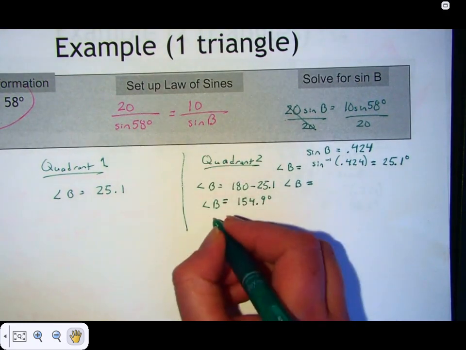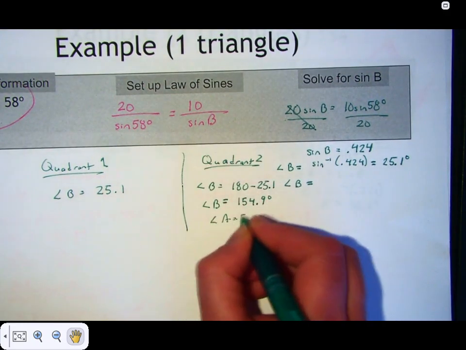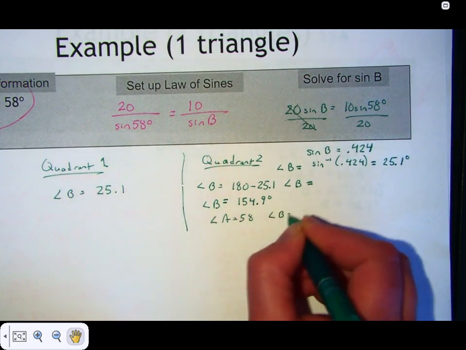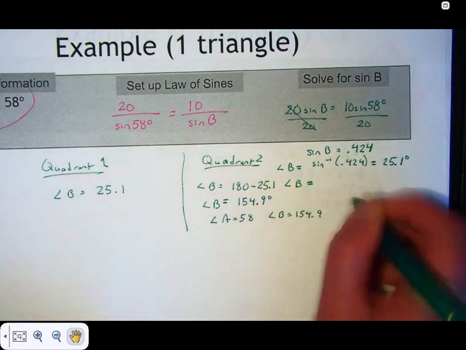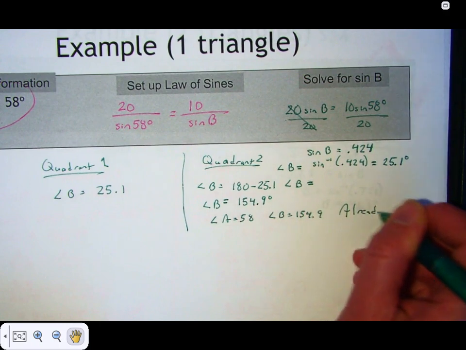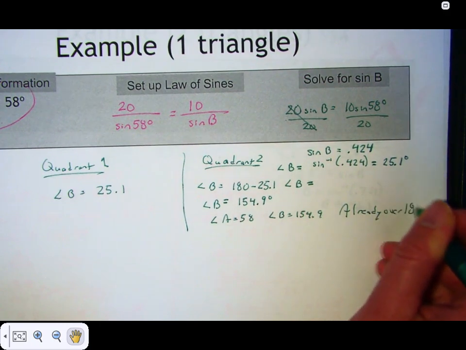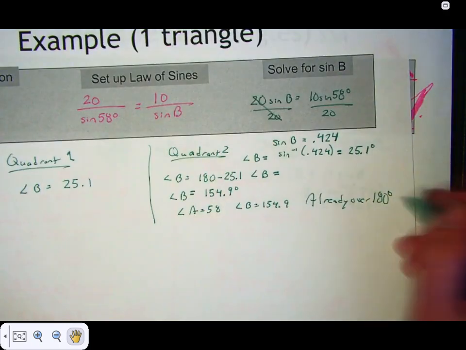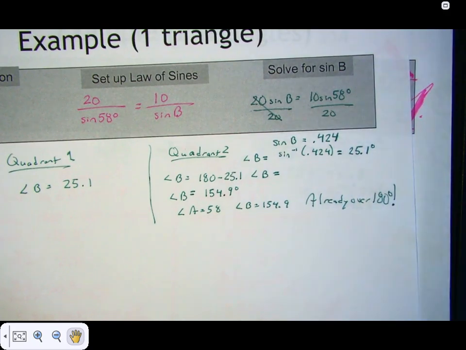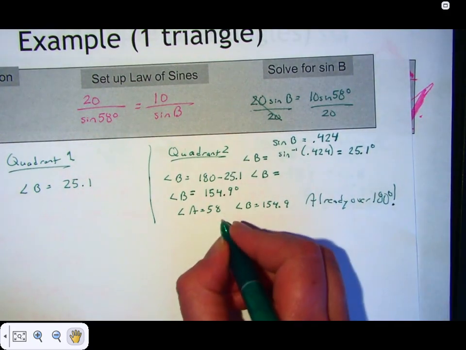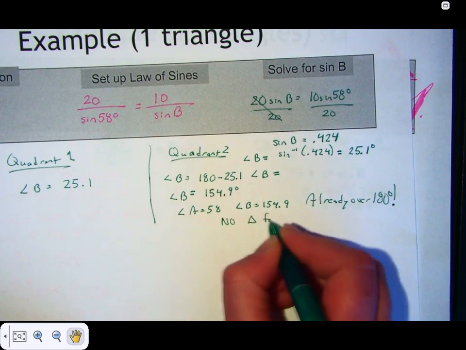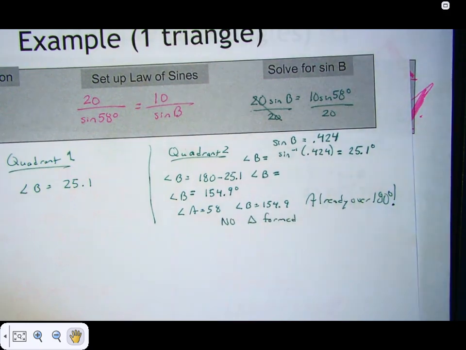Angle A being 58 and angle B being 154.9 is already over 180 degrees. That's wonderful, because that means there's no triangle formed with this one, so I don't have to work it. If two of your angles already come out to be more than 180, you're done with that one.